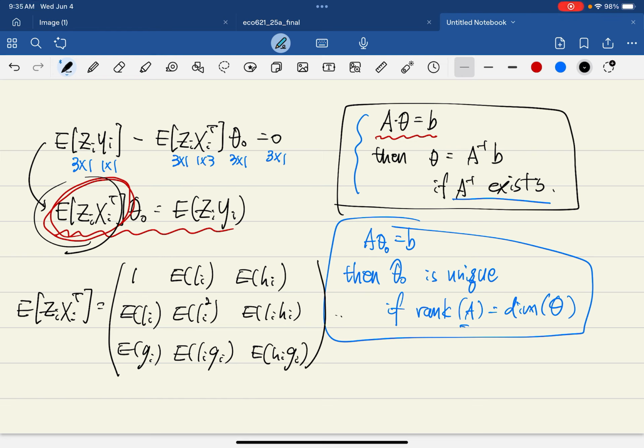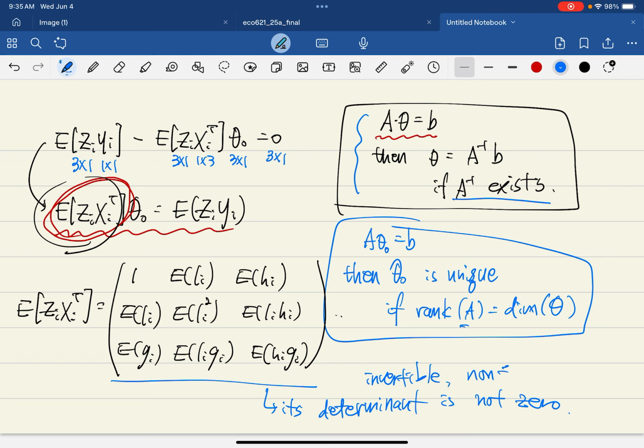So this is a 3 by 3 matrix, and you have to show that it is invertible, which means its determinant is not 0. Basically, it's the same thing, which means it's invertible and it is non-singular, right? Basically, all those things are equivalent statements in mathematics. But the problem is, for a 3 by 3 matrix, it's not easy to derive the determinant and to check its invertibility.